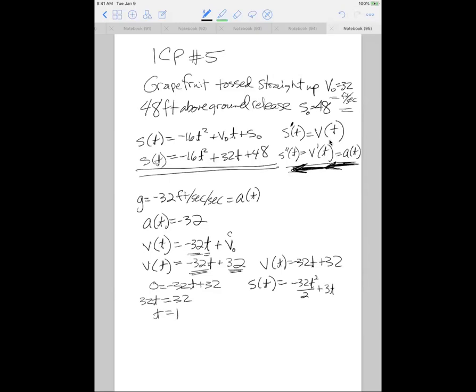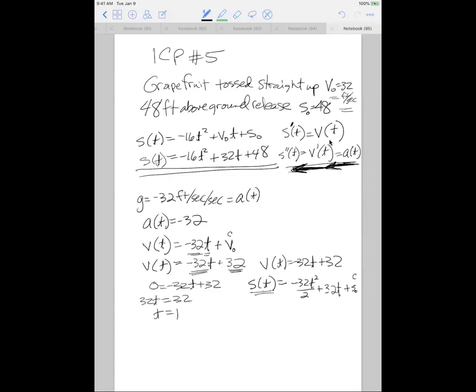Whoops, 32. All right, so we end up with 32t plus a constant, a small c. And this is the position. So what position did you start in? This is s of 0.